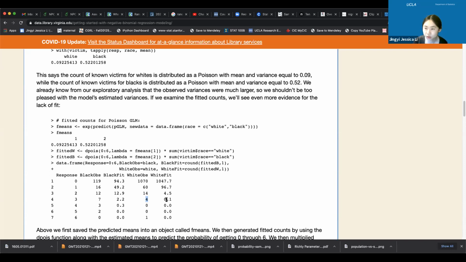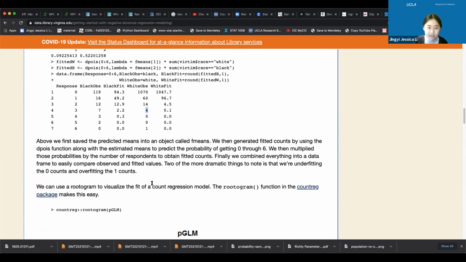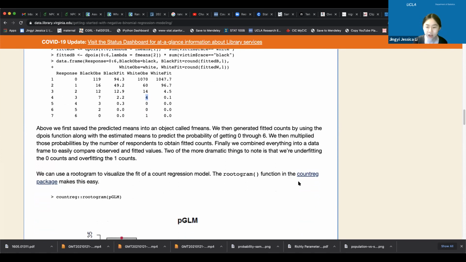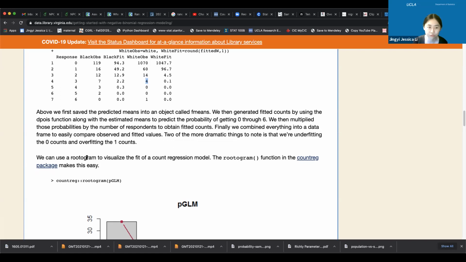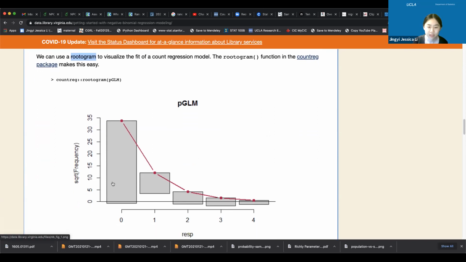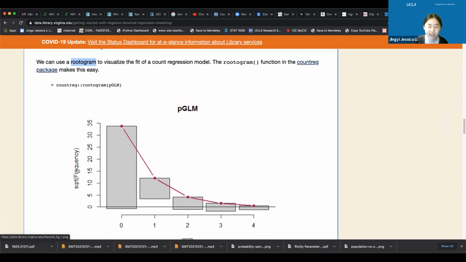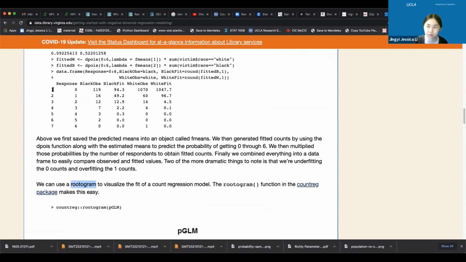This made us wonder whether we underestimated the dispersion in our data by using Poisson regression. In fact, there is a very useful graphical tool in the package countreg called rootogram. It plots the square root of the expected counts against the square root of the observed frequency, for example 119 taking the square root.